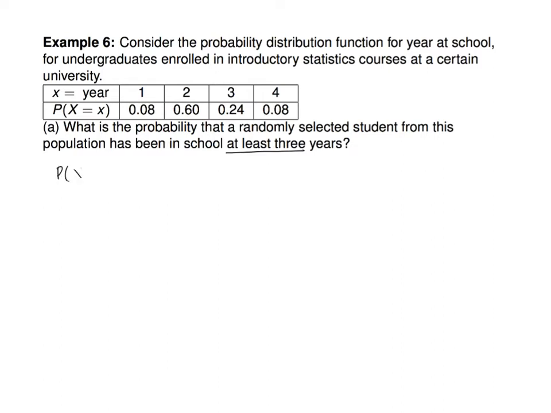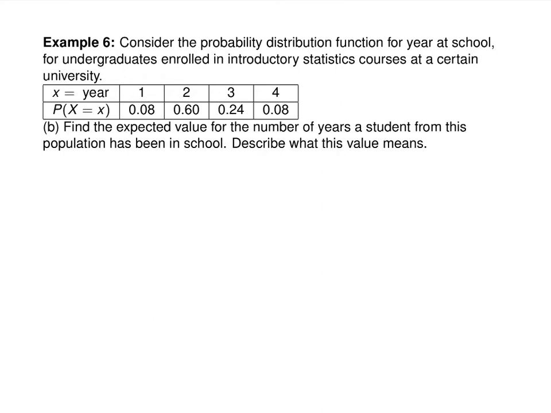So probability that x is bigger than or equal to 3. Well, that's equal to 0.24 plus 0.08, which comes out to be 0.32. So 32% chance that the person taking statistics has been in school for 3 or more years.